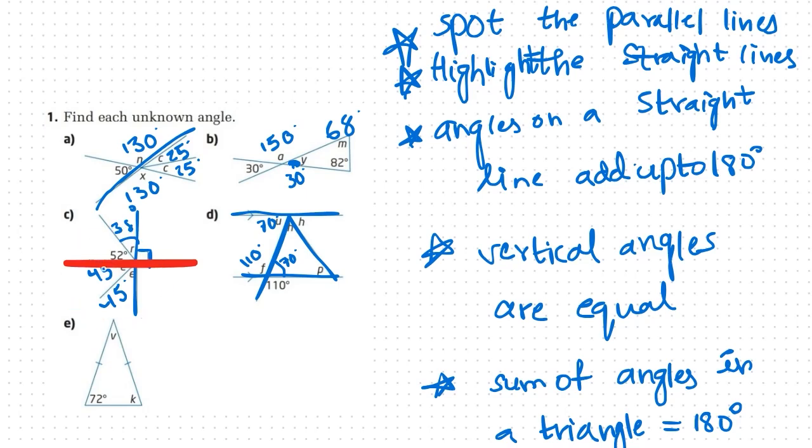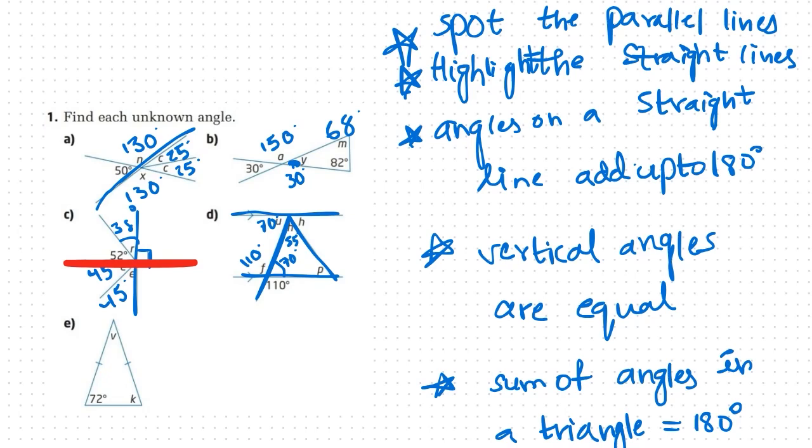This entire angle was 90 degrees, correct? Divided into two equal parts, H and H, right? Same value. So this will be equal to 55 each. Degrees, okay? So 55.